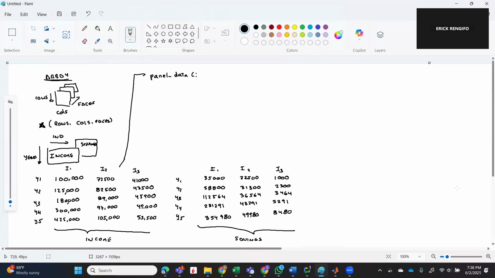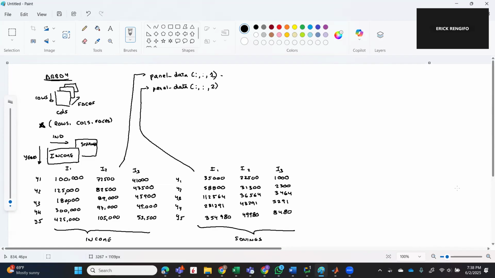And in order to input everything, it's going to be panel data, all rows, all columns, first phase. And this one here, of course, is going to be panel data, all rows, all columns, second phase. So this is the way you're going to create this.